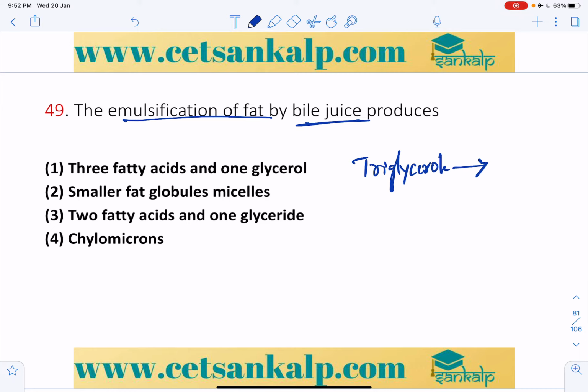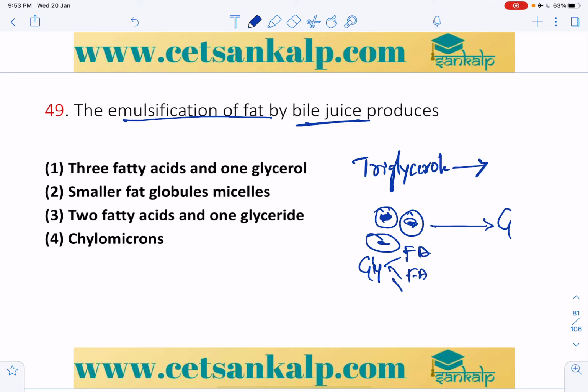When bile salts cover around the fat globules, they break down. When they break down, there will be glycerol and 3 fatty acids.